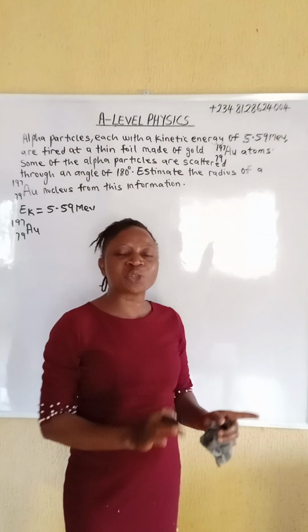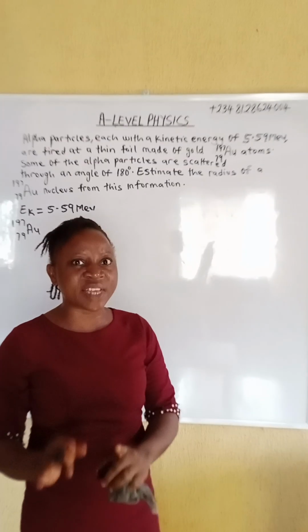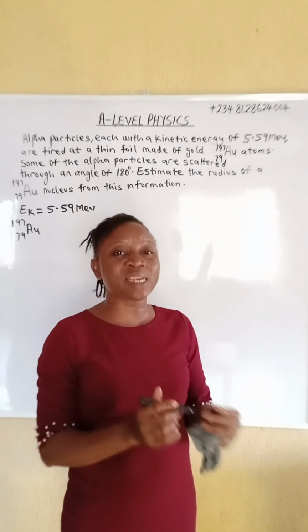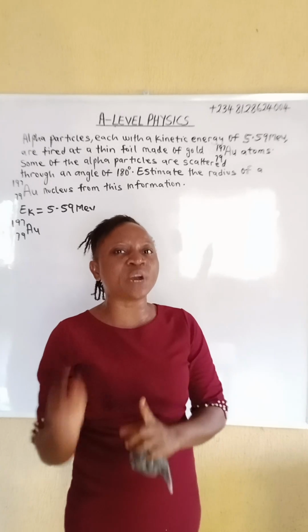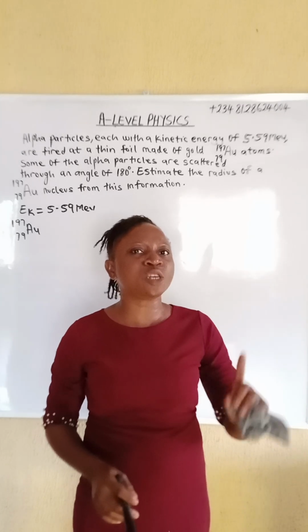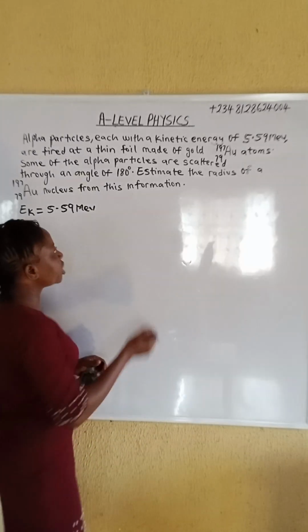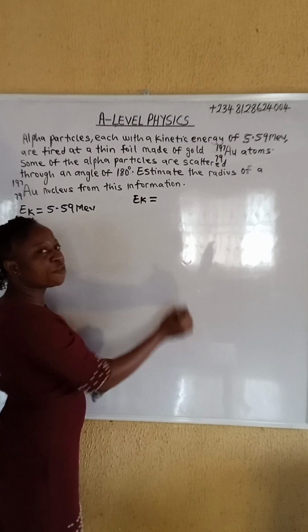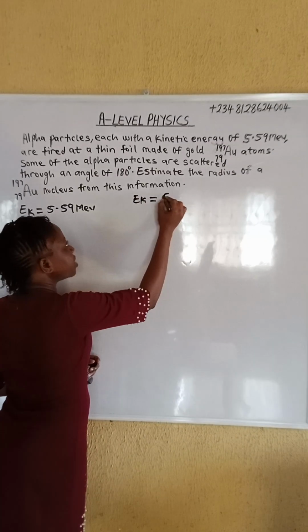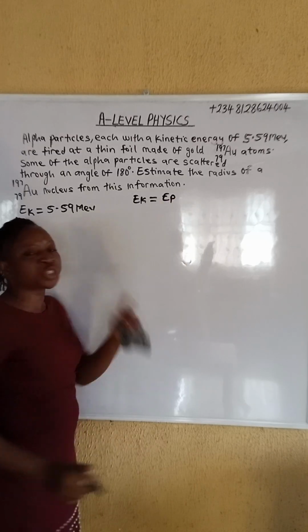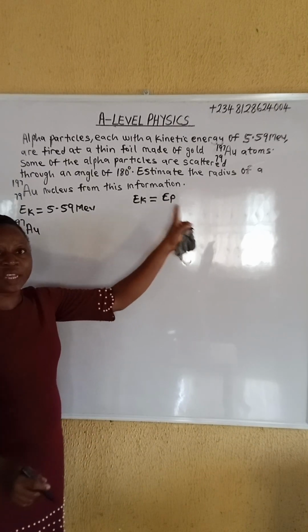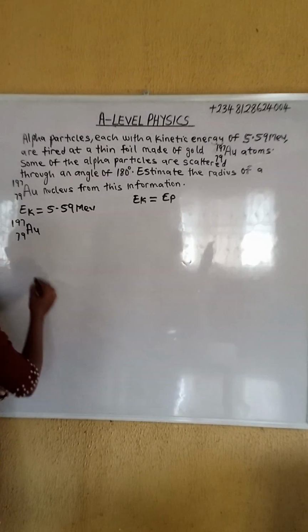When alpha particles are scattered through an angle of 180 degrees, they come to a momentary stop, whereby the kinetic energy will be converted to electrostatic potential energy. So the kinetic energy is equivalent to electrostatic potential energy.